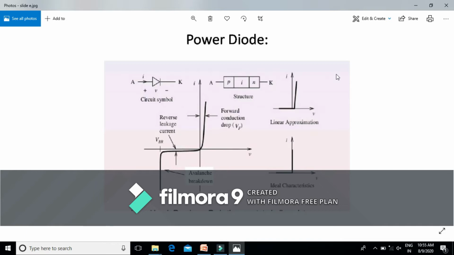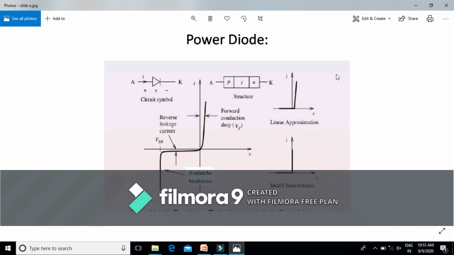In the P region, we know that holes are majority carriers and electrons are minority carriers. Similarly, in the N region, the electrons are majority carriers, while holes are minority carriers. Doping densities in P and N type semiconductors may be different.